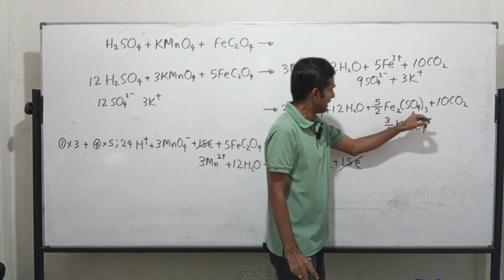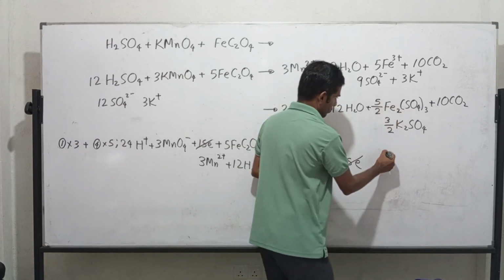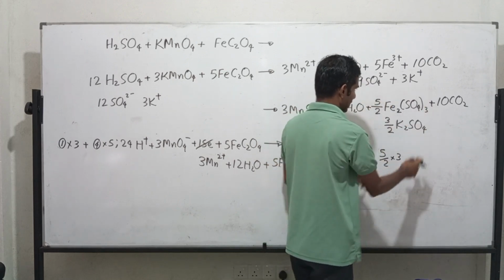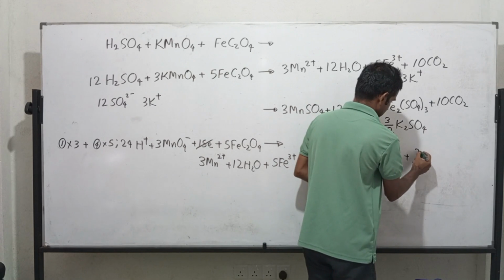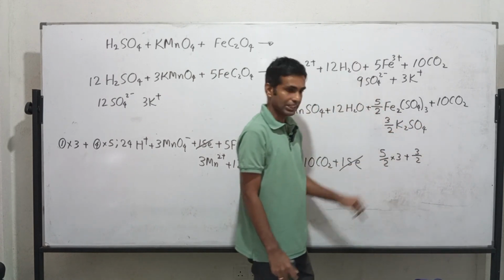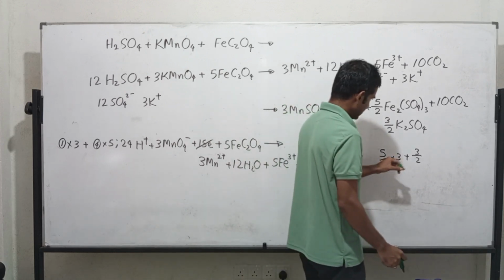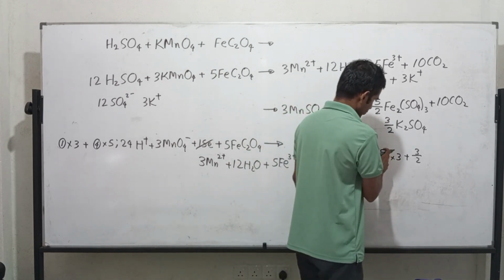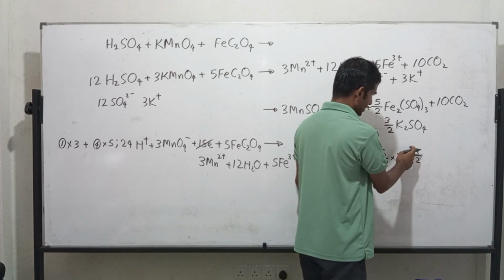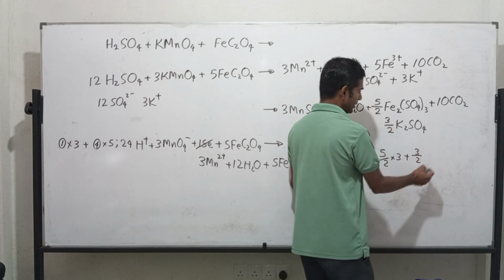Which means there are 5/2 times 3 sulfates in ferric sulfate and 3/2 sulfates in potassium sulfate. When we add these two, 5 times 3, 15 plus 3, 18. 18/2 means 9.